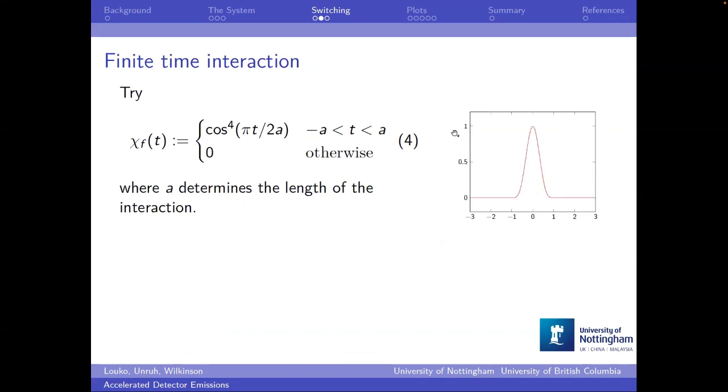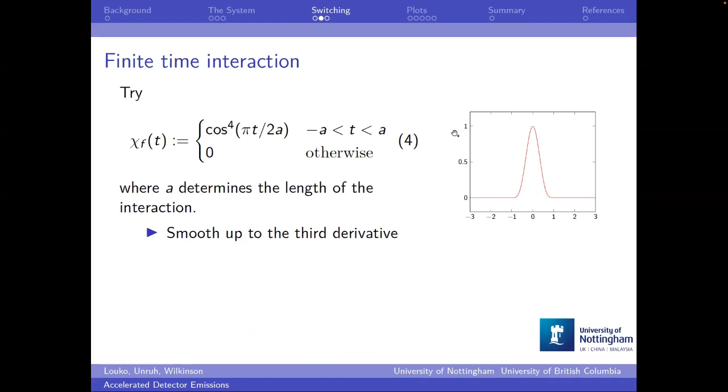It looks kind of like that. It's this little bump, goes in and up and down again. And the key thing is it's 0 for all times greater than a, which is 1. So for all times greater than a, we have 0 interaction. We can probe that. There are no nasty questions about causality.